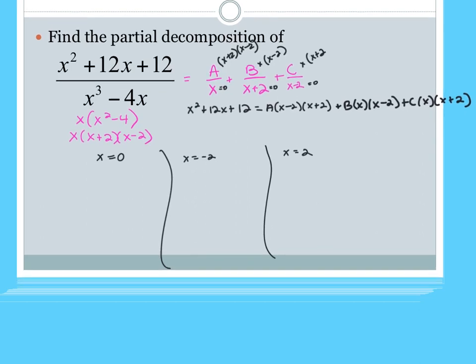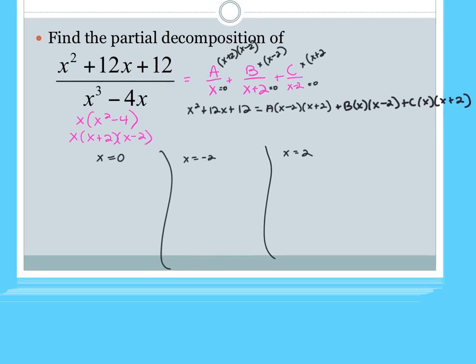And one at a time, I plug those in. If I plug in a 0 into the B, because it's times x, the B's gone. I plug a 0 into the C, because that's x, that's gone too. Which means I get 0, 0, 12 equals A times negative 2 times positive 2.